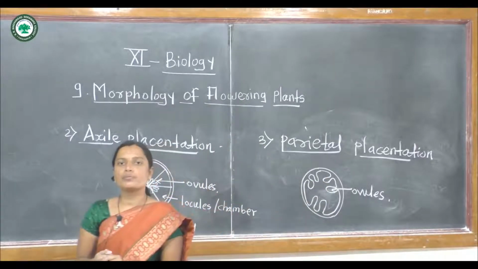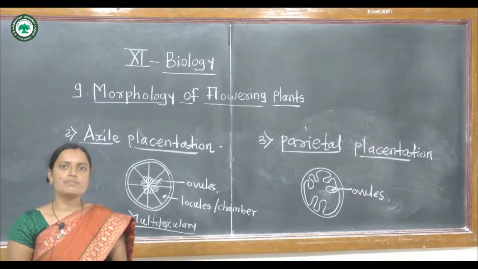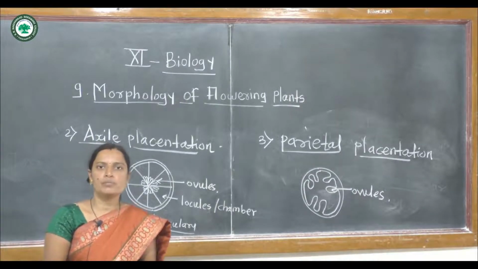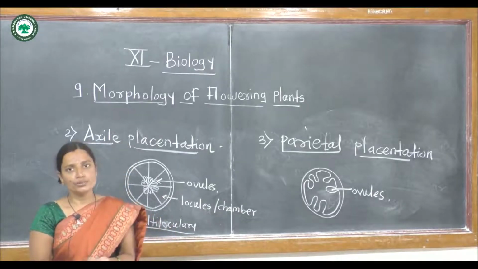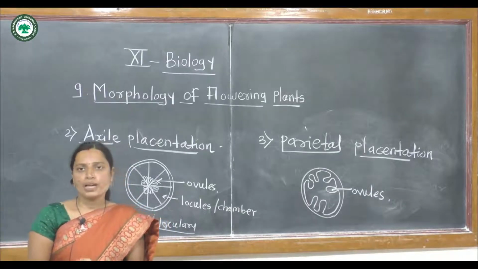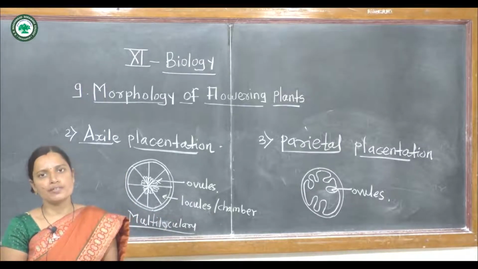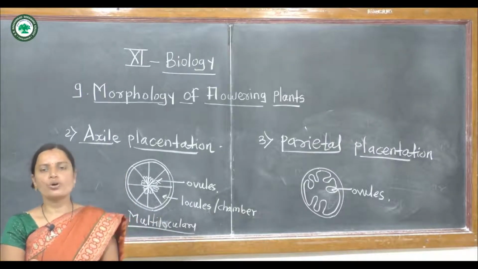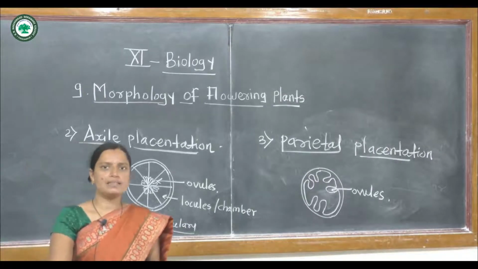This type of placentation is called parietal placentation, and it is seen in papaya and cucumber plants. The ovary is unilocular and the gynoecium is syncarpous, a fused type of gynoecium. Their joint structure is found in parietal placentation.